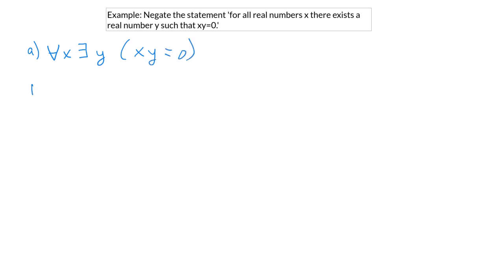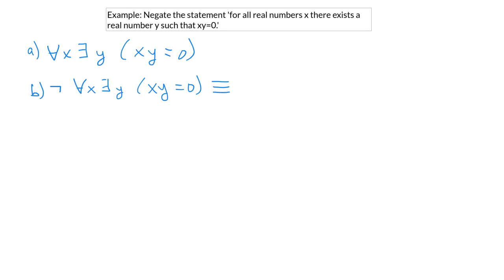The second thing I'm going to do is write the negation, and then write it in English. So I want to negate for all x, there exists a y such that x times y equals 0. Now, think about how we do negations.